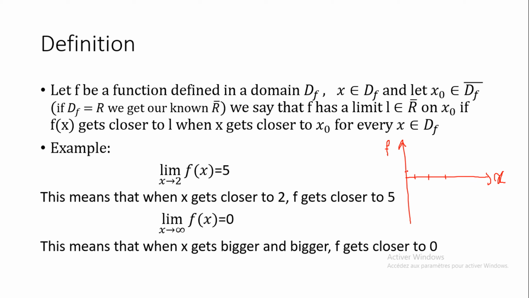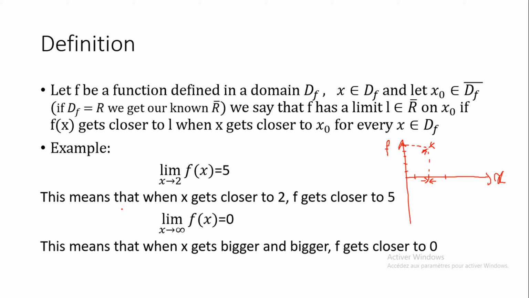So when x gets closer to 2, which is this, our f gets closer to 5. So our f will be something like this. When x gets closer to 2, our f gets closer to 5. And the same goes here if we approach from the right side.